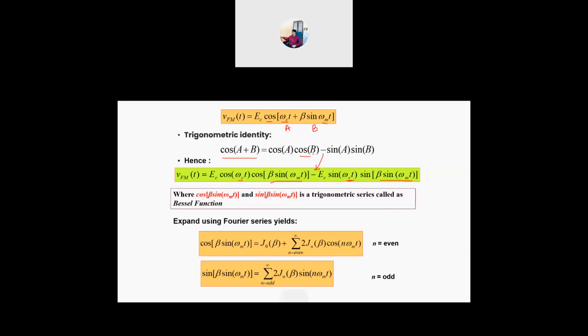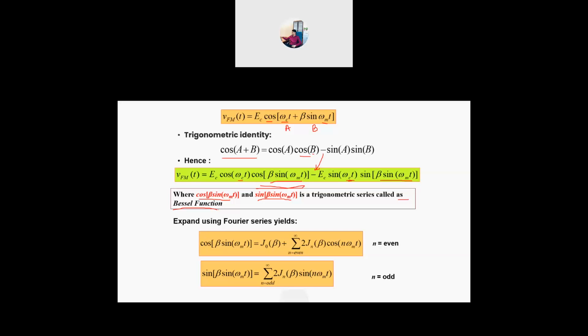The terms cos(beta sin omega m t) and sin(beta sin omega m t) are a trigonometric series called a Bessel function. If you go to your appendix, you will see the wording Bessel. On appendix page 3 you have the Bessel table, then the area function table.